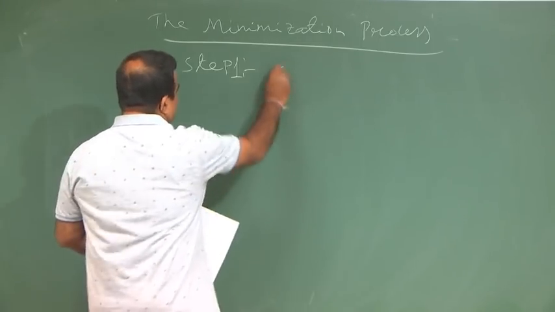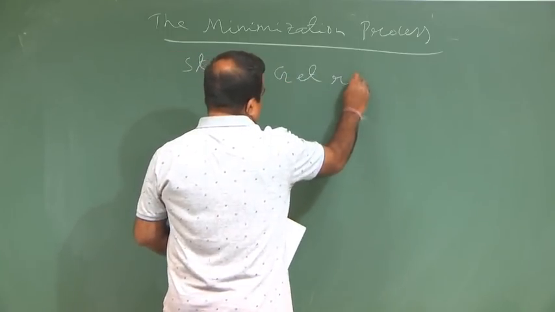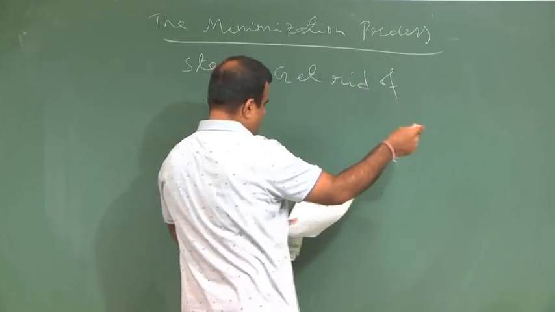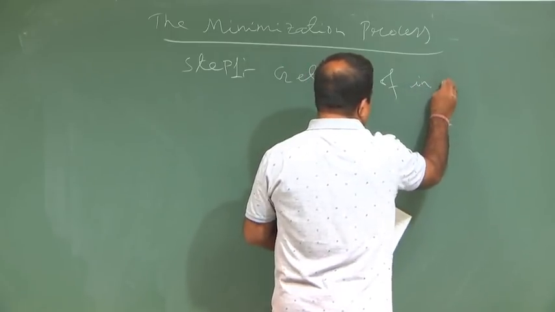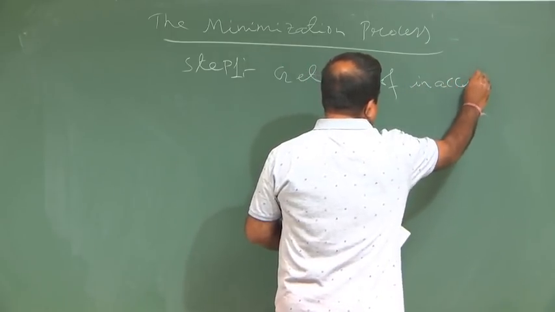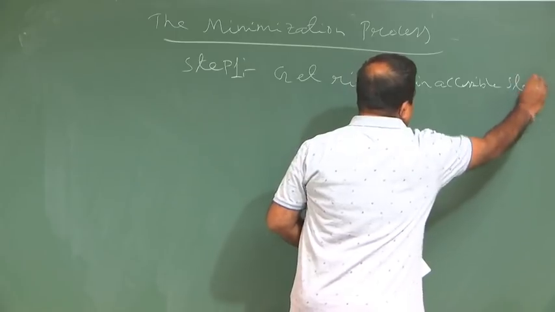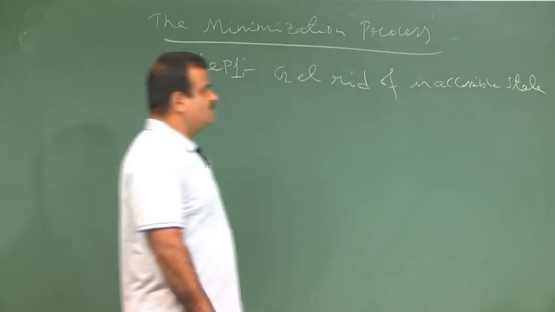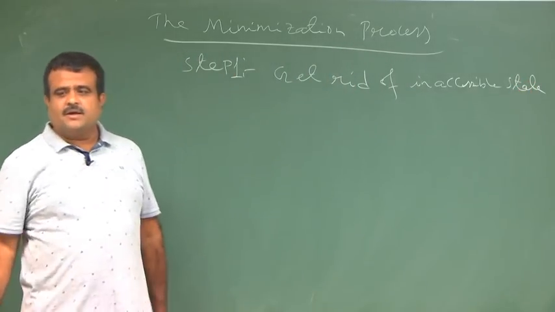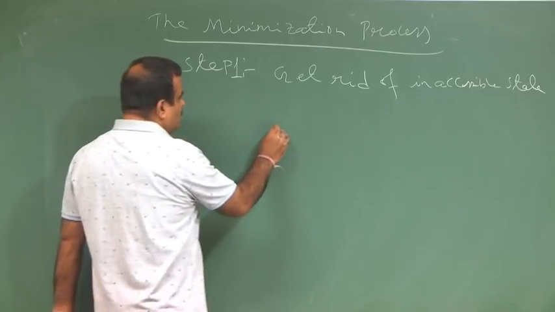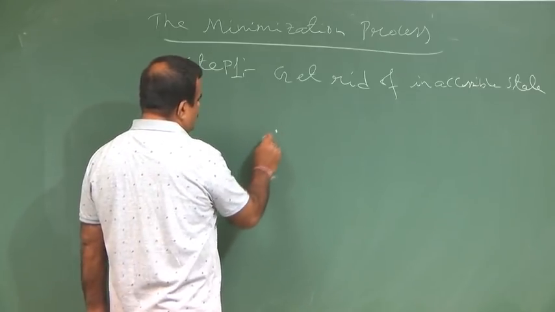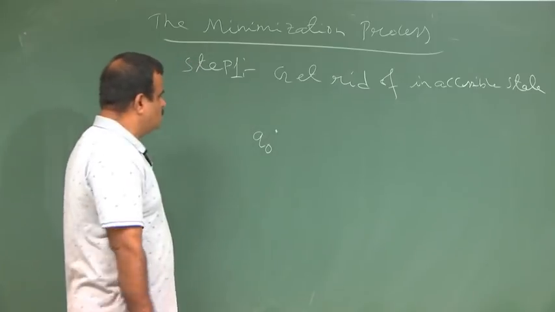So, we must get rid of inaccessible states. That means these are the states which are not reachable from q0, so we can delete them, because ultimately we are looking for the language. Our start state is q0.